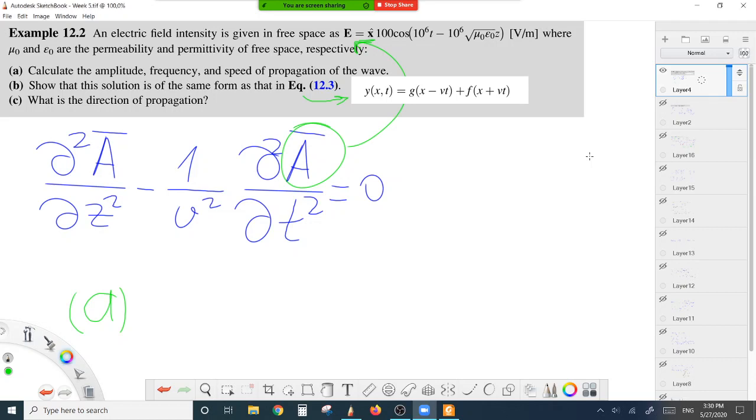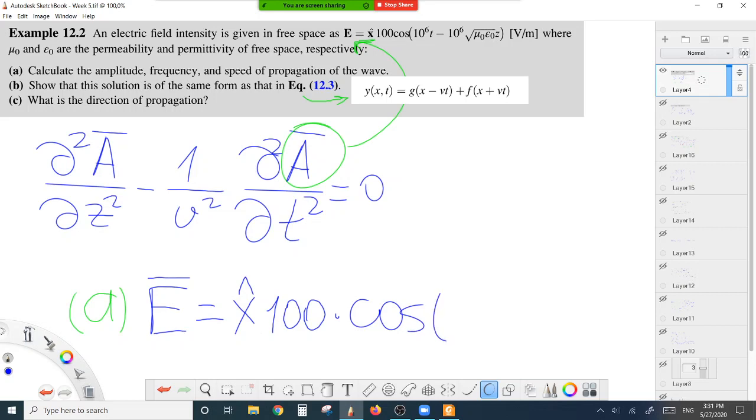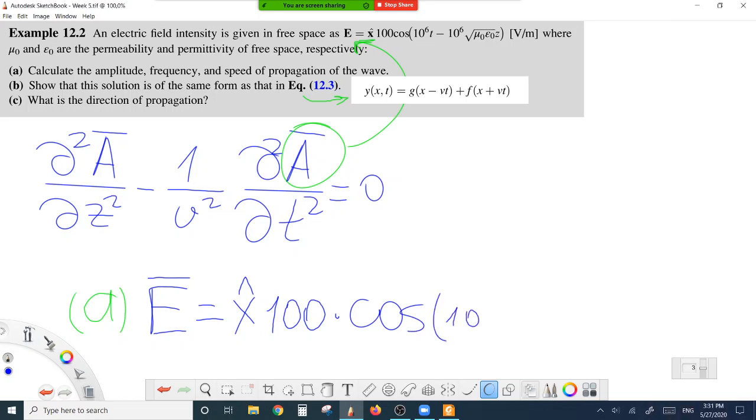Well, if we look at the electric field intensity, E equal to x̂ times 100 times cosine(10 to the power 6 t minus 10 to the power 6 square root of mu 0 epsilon 0 z).